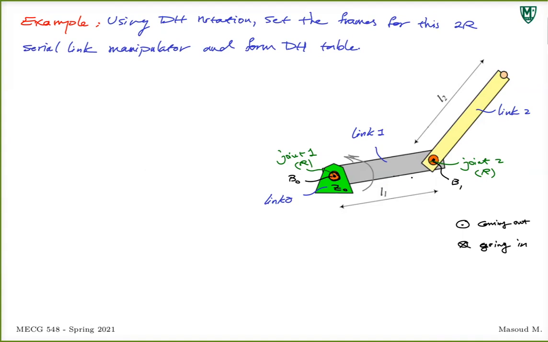We go to the second joint, frame B1. Again, what is the rotation? It's a revolute joint. If this rotates this way, four fingers in the direction of rotation, my thumb shows the direction of the z-axis coming out of the screen. So this would be Z1, sorry, for frame 1.